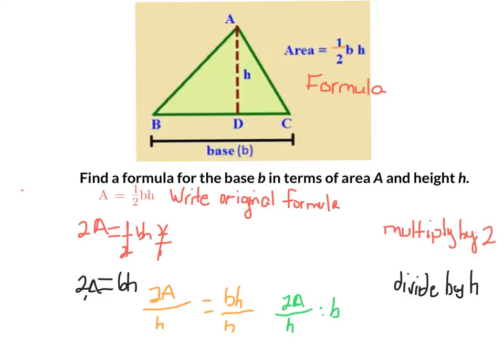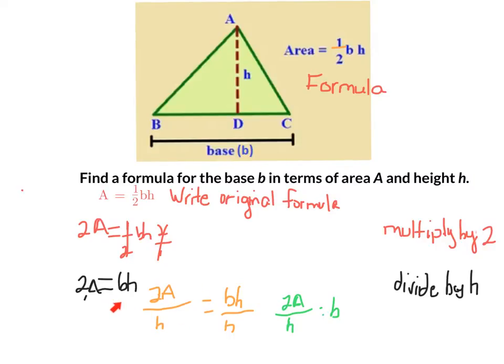I actually multiplied both sides by 2, so that's where we get the 2A. When I multiply that out, I put the 2 over the 1 and crossed it out, so what I'm left with is 2A equals bh.